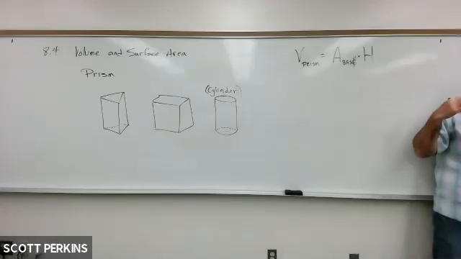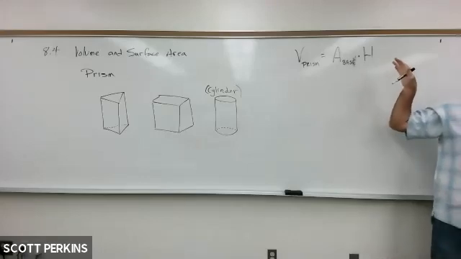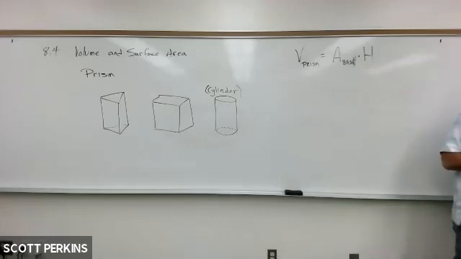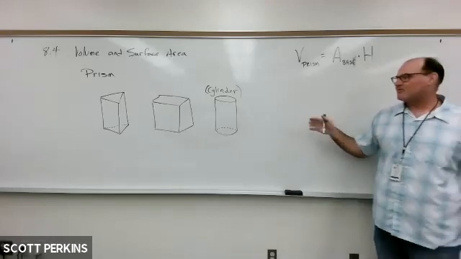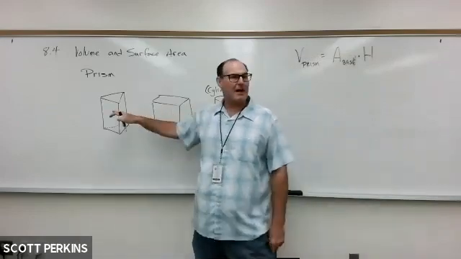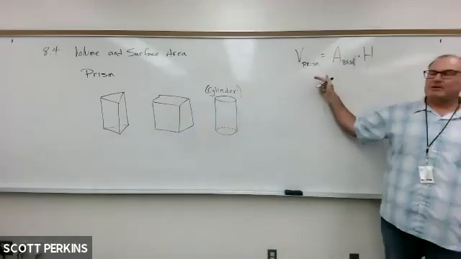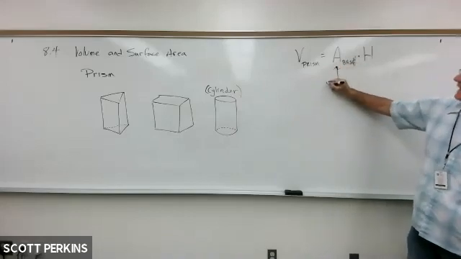Now, here's why I'm giving this to you in this way. Instead of having to remember a separate volume formula for every single type of prism that I could throw at you, you just have this one volume formula, and then this is the stuff that we did last section.